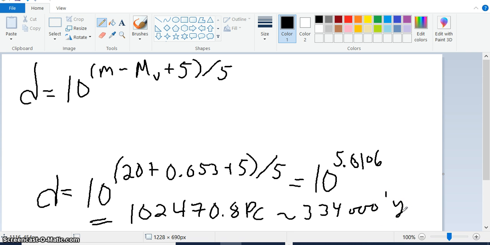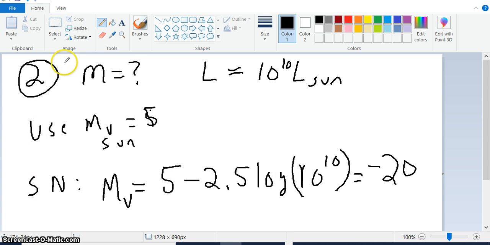Okay, so that would be, for example, there's a nearby galaxy that's actually in orbit around us. They're called the large and small clouds of Magellan, and so this star would be in there.